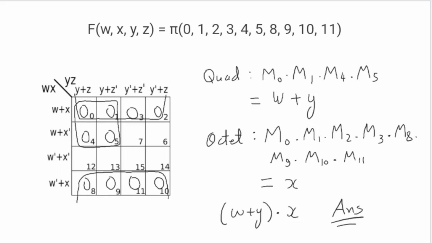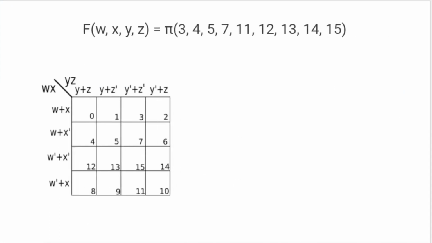Let us now move on to the next POS question, and we'll begin by marking the zeros. So 3, 4, 5, 7, 3, 4, 5, 7, 11, 12, 13, 14, 15, 11, 12, 13, 14 and 15.